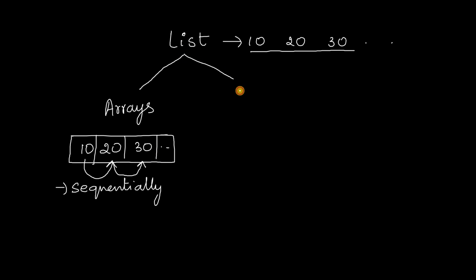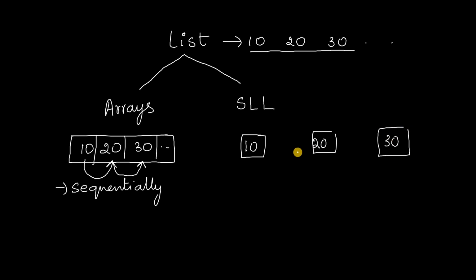And coming to the other side, this list can be implemented by using a singly linked list also. First of all, we have the number 10 and we have 20 and we have 30. The problem here is all these elements will not be stored sequentially in the memory.